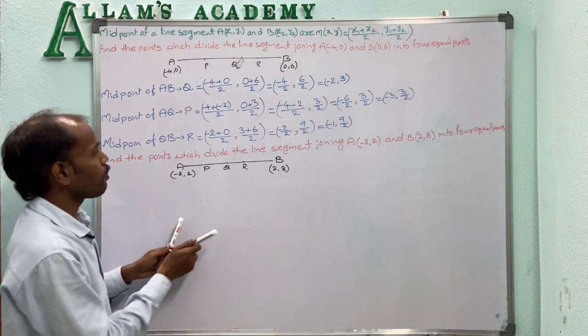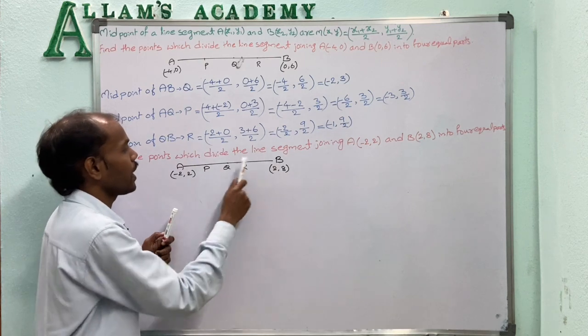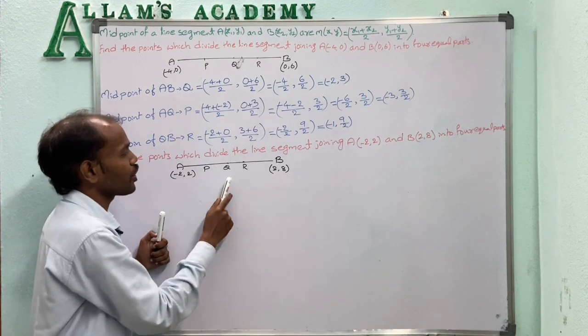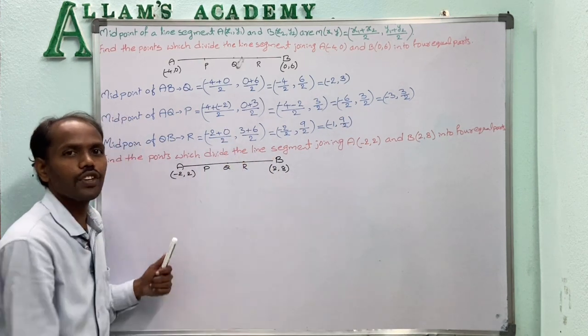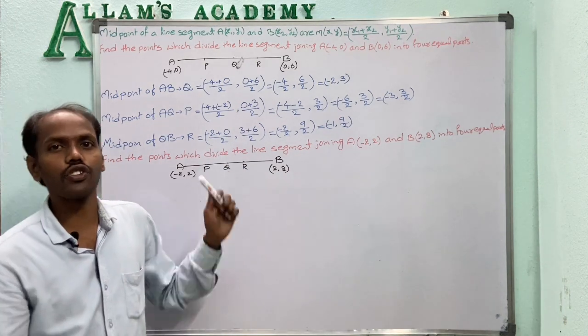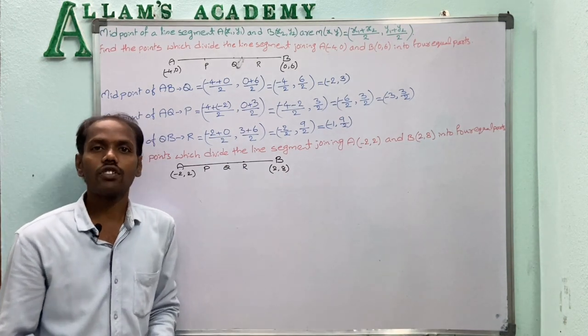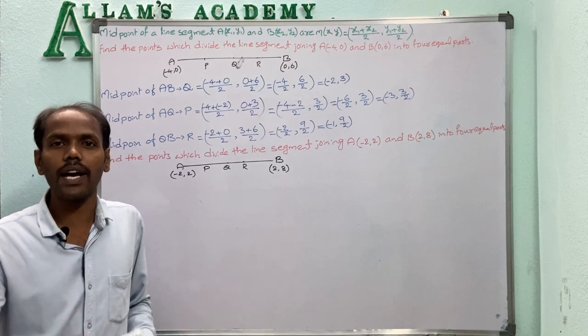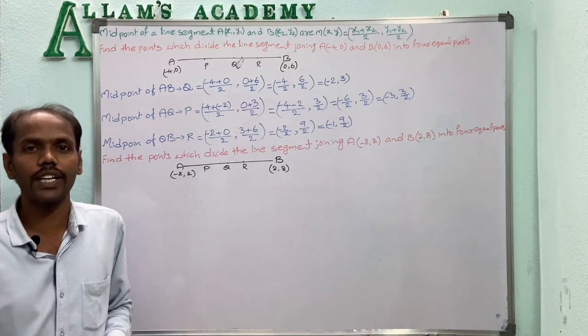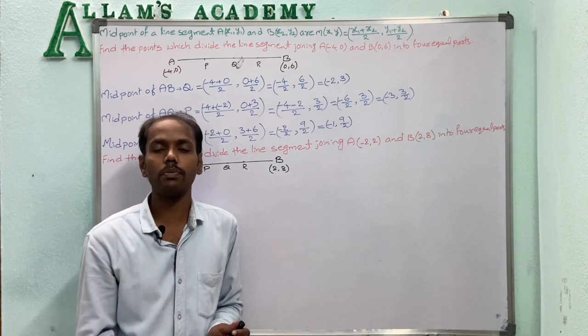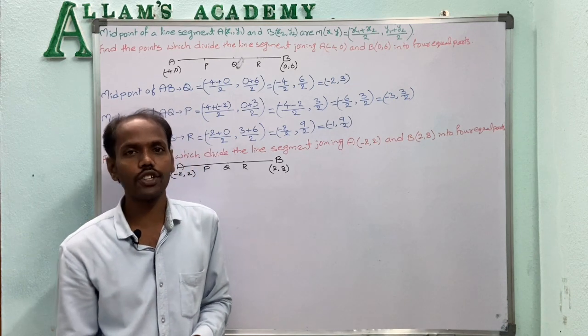Now the Q point is the midpoint of AB, P is the midpoint of AQ, and R is the midpoint of QB. So here we have to use the midpoint formula. The midpoint formula for the points A of x1 y1, B of x2 y2 is (x1 plus x2) by 2, (y1 plus y2) by 2.